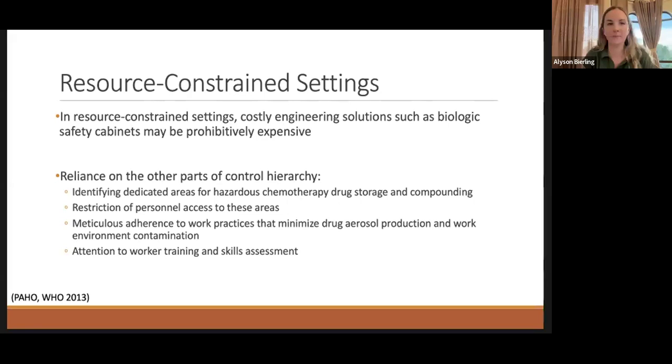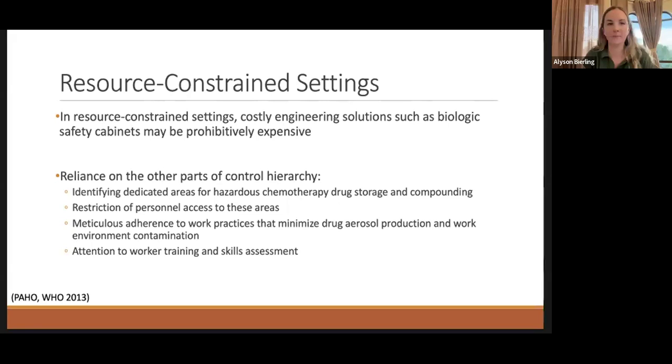So some examples of these are identifying dedicated areas for hazardous chemotherapy drug storage and compounding. So maybe having a separate pharmacy or area in the pharmacy for chemotherapy drugs. Making sure that in the absence of a chemo mixing hood, chemo is mixed in an area separate from other drugs.